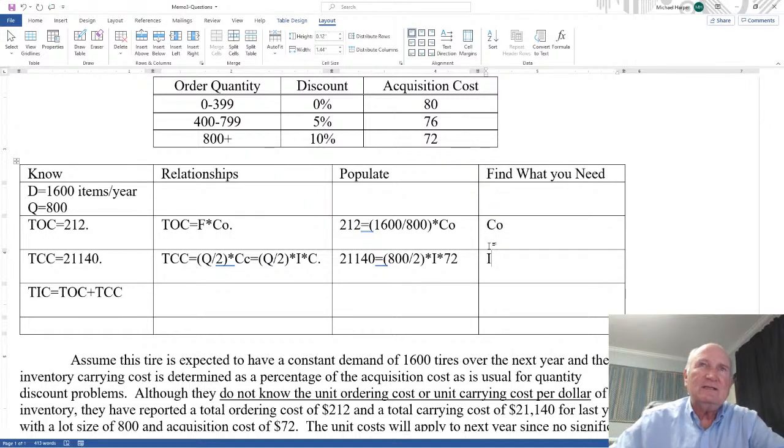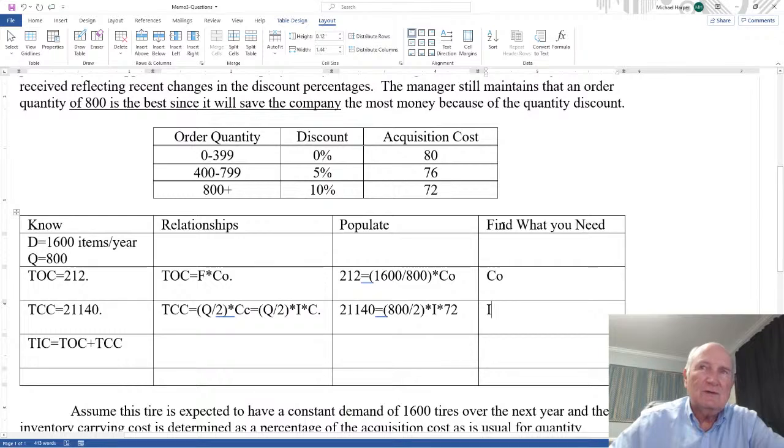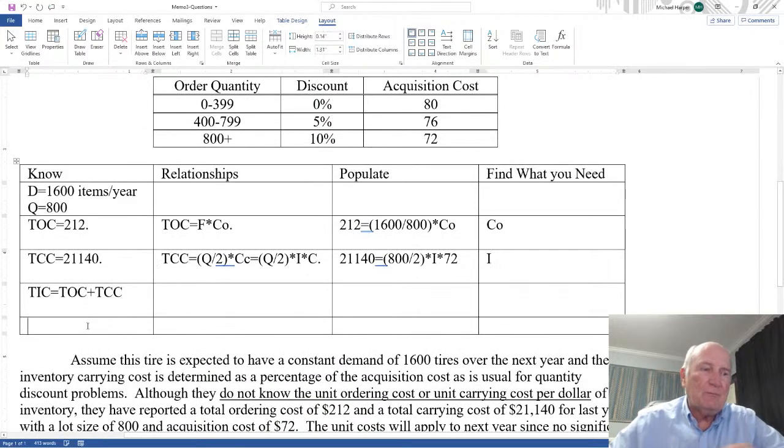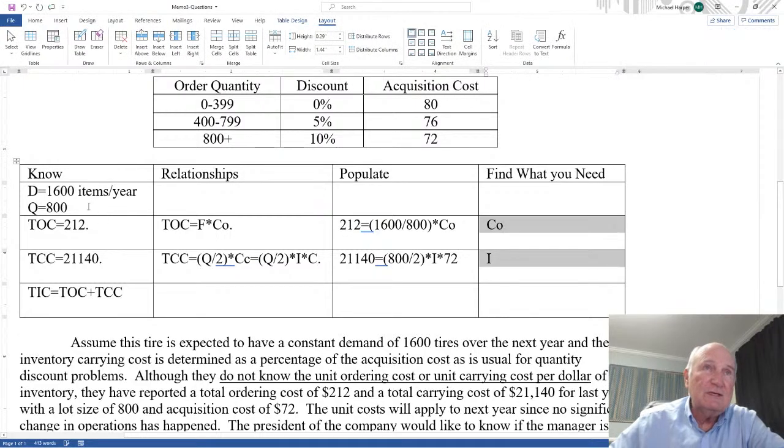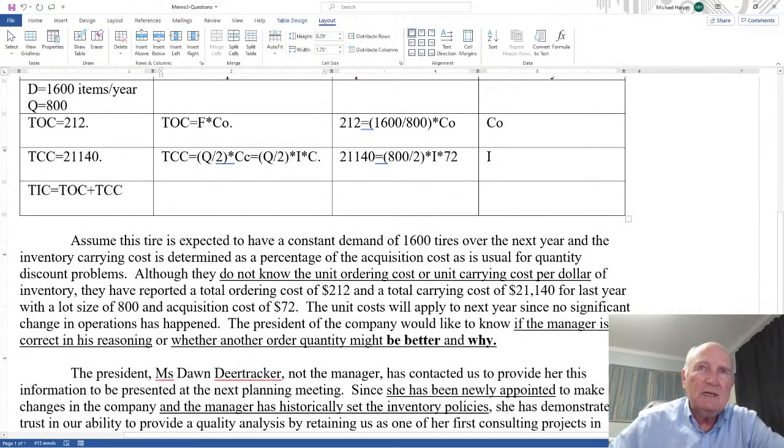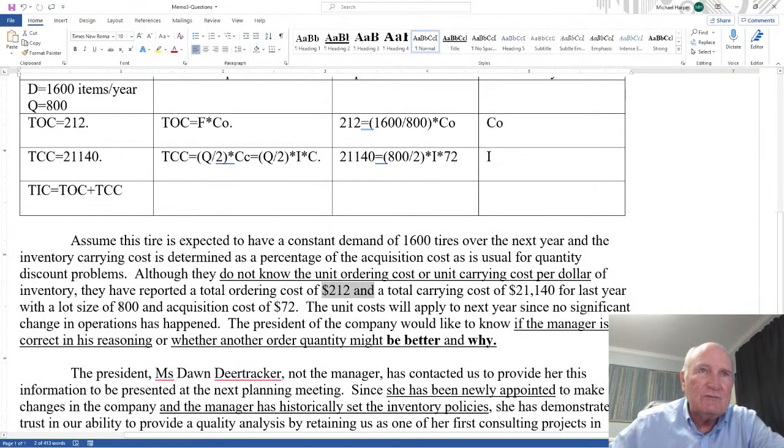Well, let's do it in Excel. This is the first thing I want to point out, that this is how you do this before you ever go to Excel. The reason I'm emphasizing this is a lot of times people will look at these numbers and say, do I take 212 divided by 80? Do I take 72 times this over this?